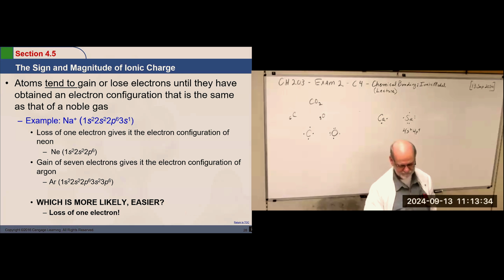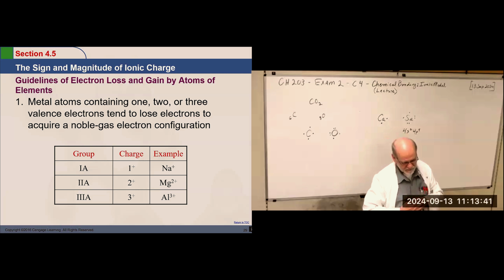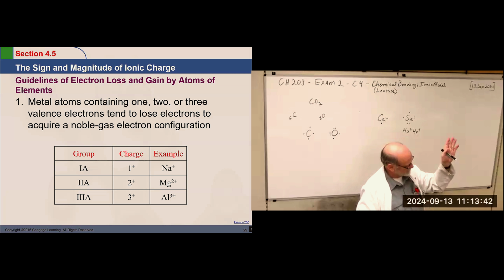I also mentioned this as well. The alkali metals and alkaline earths are +1 and +2, respectively. Then boron, aluminum, gallium, indium, they're +3. And that's when they're in ionic compounds.